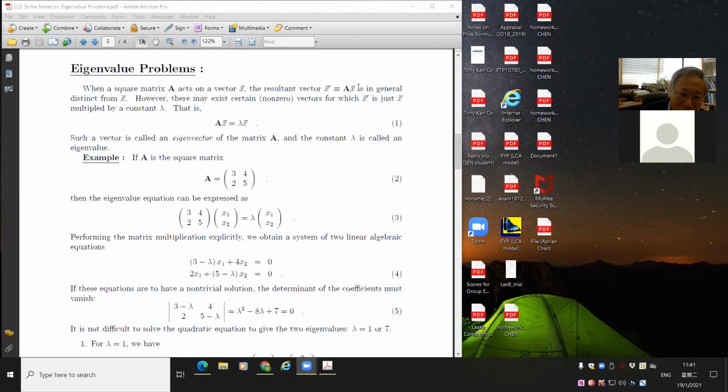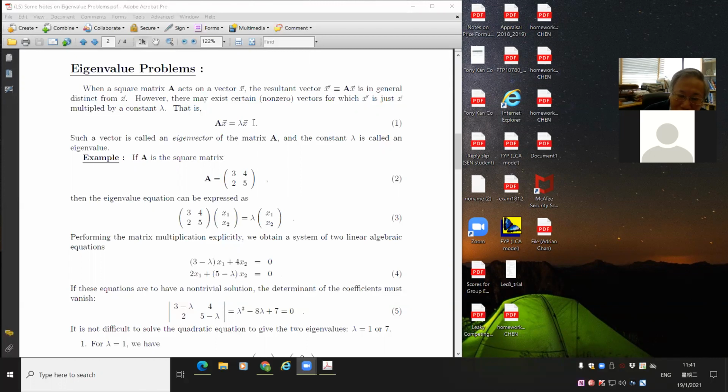For example, rotation, you try to rotate the vector, so the resultant vector will be very different. However, there may exist certain non-zero vectors for which the resultant vector is actually proportional to the original vector. In other words, it is equal to the original vector multiplied by a constant lambda.